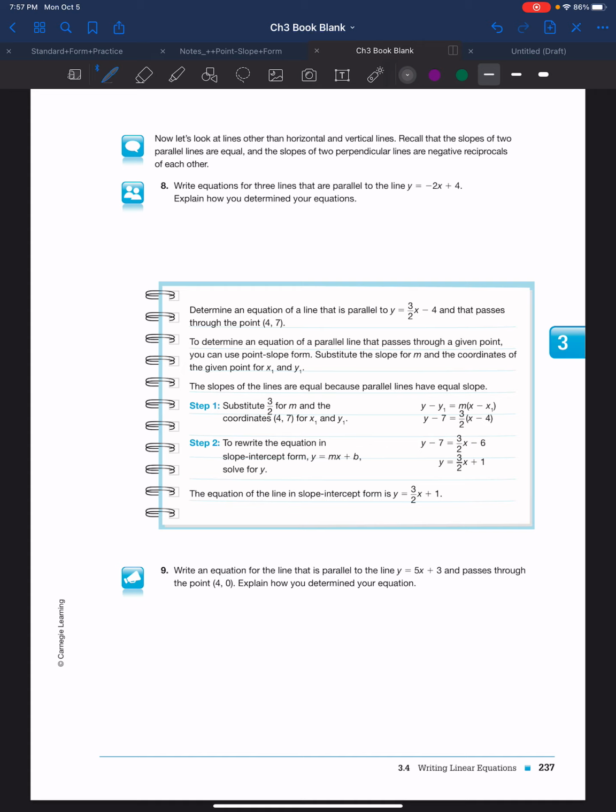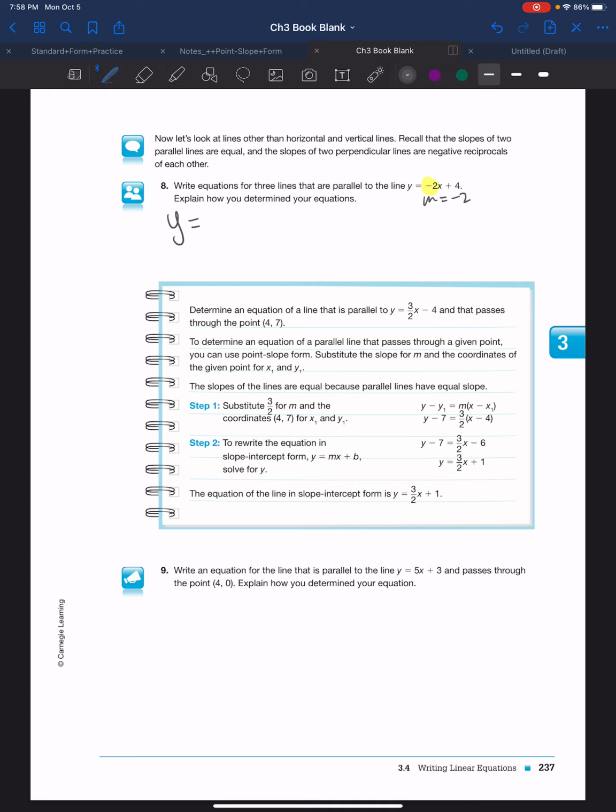Now I'm going to skip reading this first part up here because it has to do with something we skipped. But number 8 says write equations for 3 lines that are parallel to the line y equals negative 2x plus 4. So you could make up your own examples. I'm just going to put 3 here so that you see an idea of what parallel lines look like even more. So I know that for parallel, I need to have the same slope, and the slope here is negative 2.